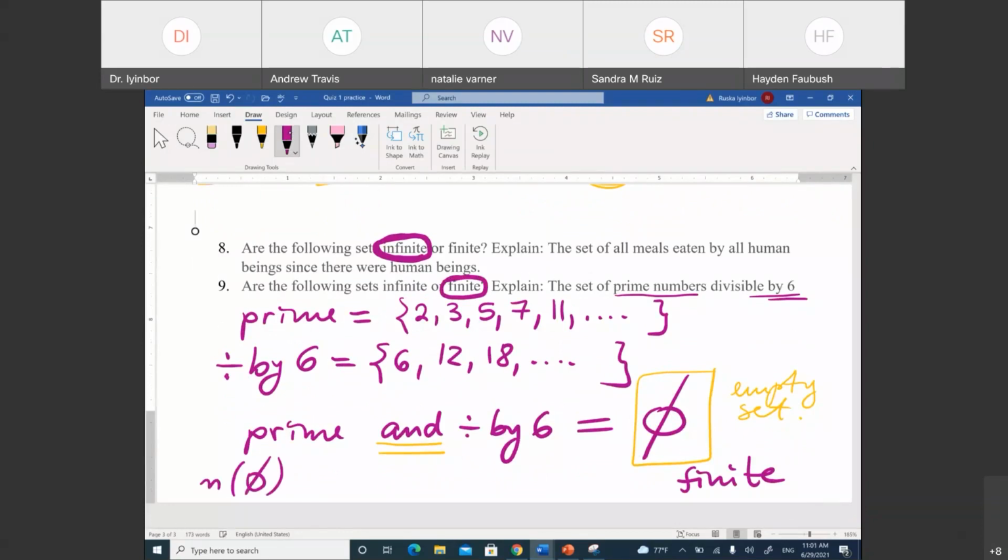There are no elements in the empty set. Right. Okay? So that's your answer here. The answer is the empty set and it's a finite set. Any questions on this one? Okay, so that concludes the solution of practice quiz 1.